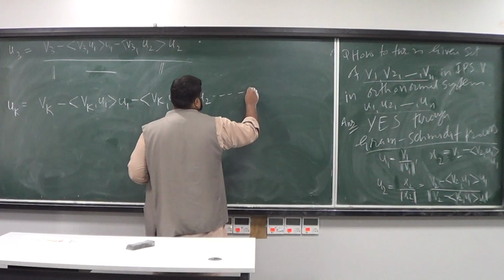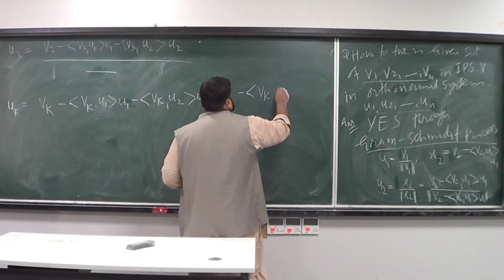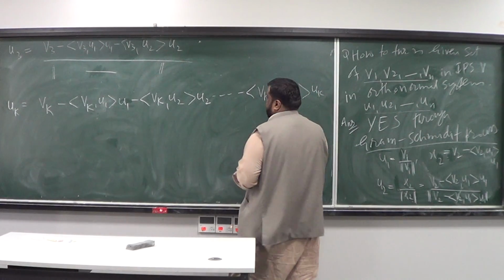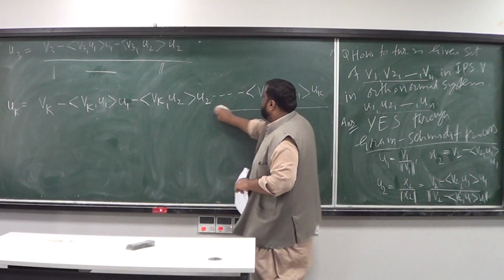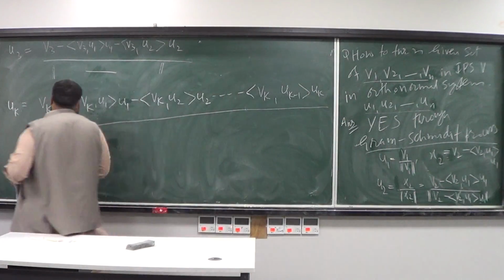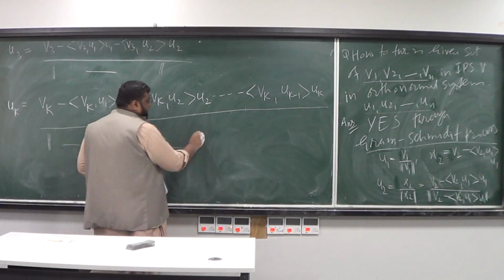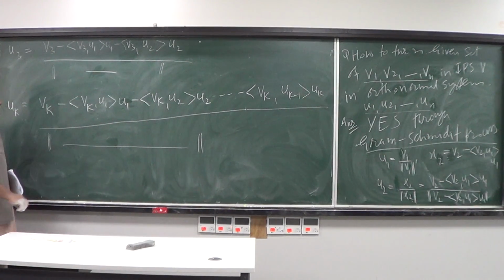You have to subtract this all the way up to the inner product of vk with u(k-1) times u(k-1). Then divide everything by the norm of the same vector as above. So this is what is really the Gram-Schmidt process.